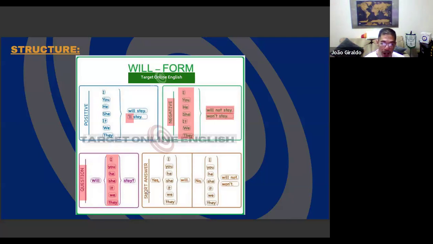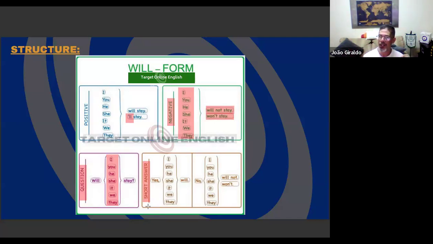Okay? And one curiosity here for you is about the short answer. Guys, short answers are answers where we respond with yes or no. But in English, it is important to maintain a proper structure for a short answer.